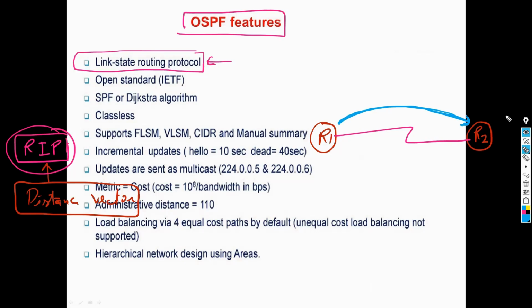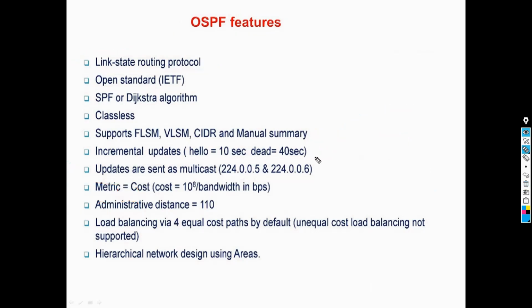They send routing updates periodically. But OSPF is a link state routing protocol. It means it always sends incremental updates. Whenever any change happens, one router will share its update with another router. Clear my point? Yes.